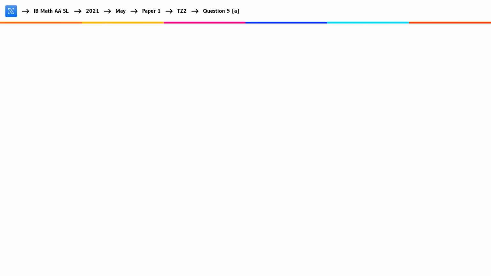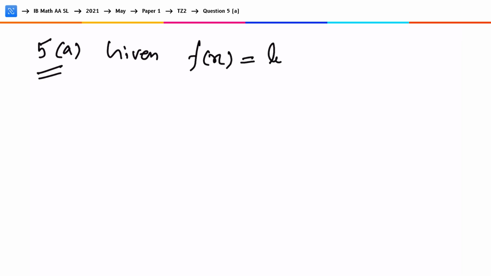Let's go over question 5, part A. We are given that the function f of x equals log of (x squared minus 16) for x greater than 4.